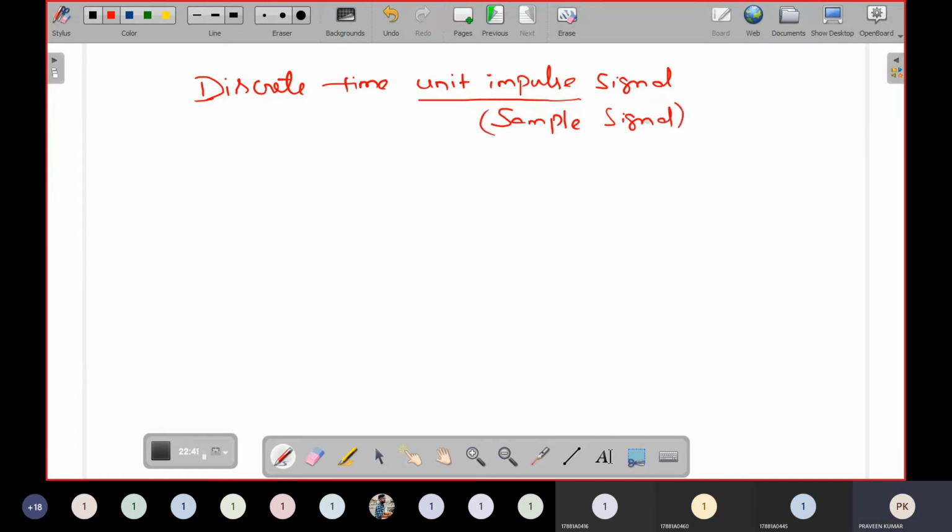Unit impulse signal or unit sample signal. That is, the impulse signal exists only at n is equal to 0.